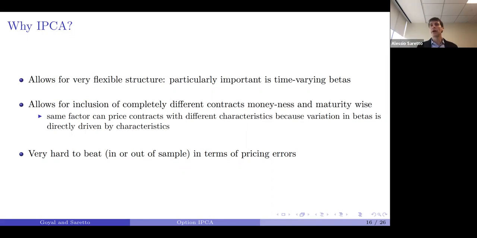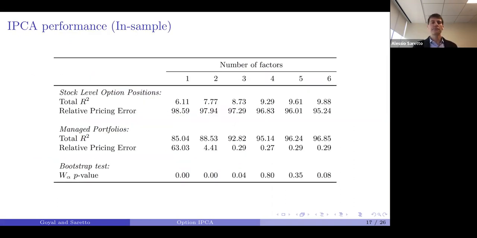It almost feels like people should have started looking at how IPCA did on the option return data, because that's where the multidimensionality of characteristics really plays an important role. So from a conceptual point of view, I think you really want to do this rather than writing down spread portfolios.